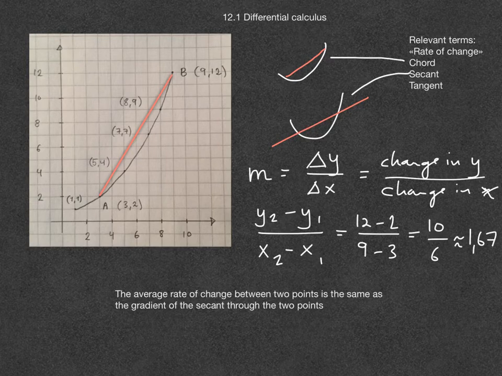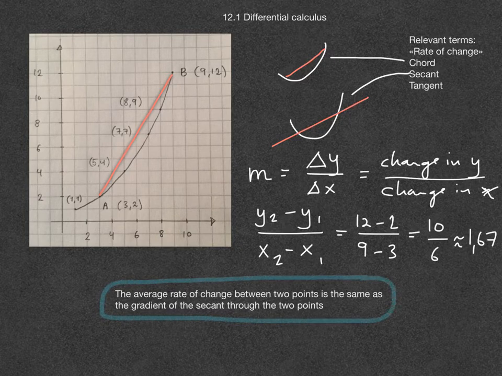We'll note this general rule here. The average rate of change between 2 points is the same as the gradient of the secant through the 2 points, or the chord between the 2 points. So that would be the same thing. But this is basically a straight line between 2 points.